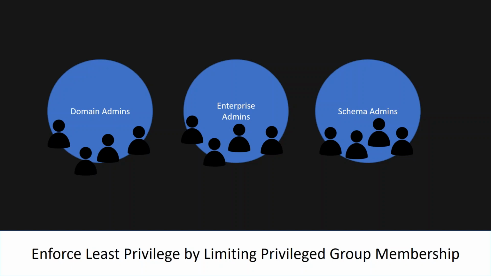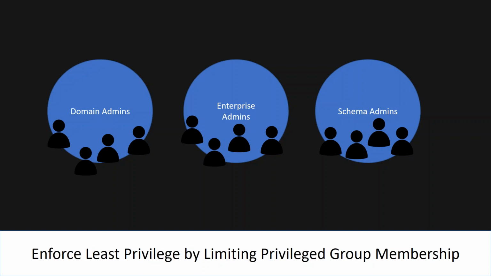So the advice, and it's also Microsoft's best practice advice, is that privileged AD groups, especially these three, but actually all of them, should be empty most of the time. Yes, so I'll say that again. They should be empty most of the time, okay? And you only populate them when you need to make a change to a domain controller.